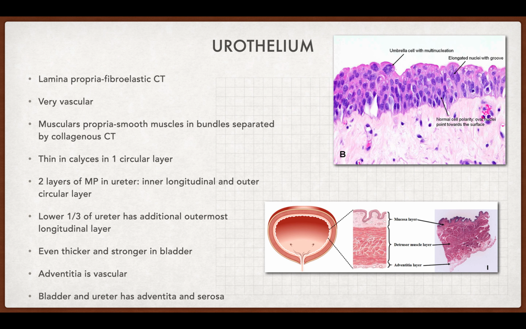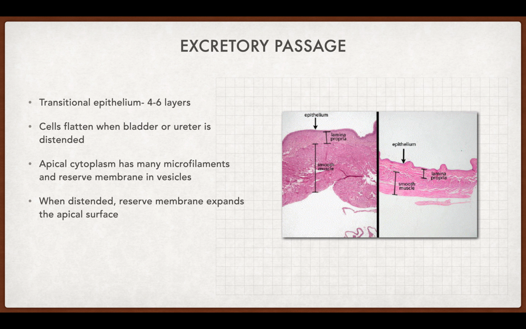The adventitia throughout is going to be vascular, and that's going to supply blood, nutrients, and oxygen to these cells. And then the bladder and the ureter have coverings, so they have the adventitia and the serosa.